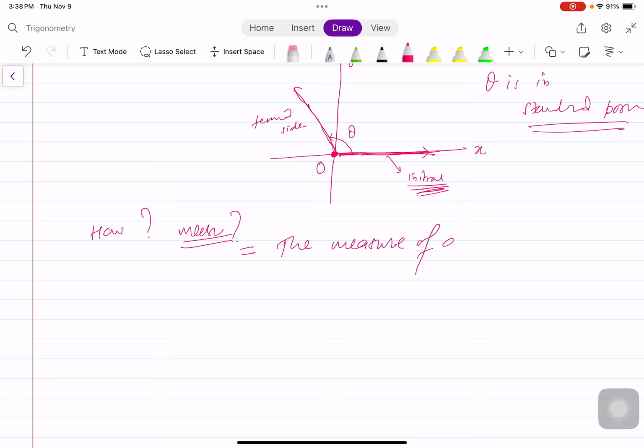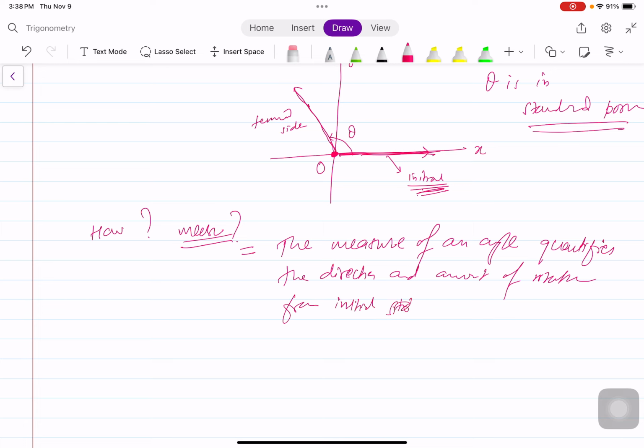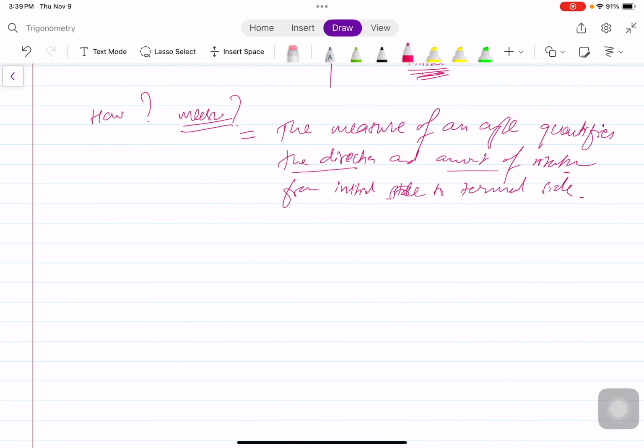The measure of an angle quantifies the direction and amount of rotation from the initial side to the terminal side. The direction, for example in this case, and the amount of rotation, how much it is rotated from the initial side. This is what the measure of angle provides us.